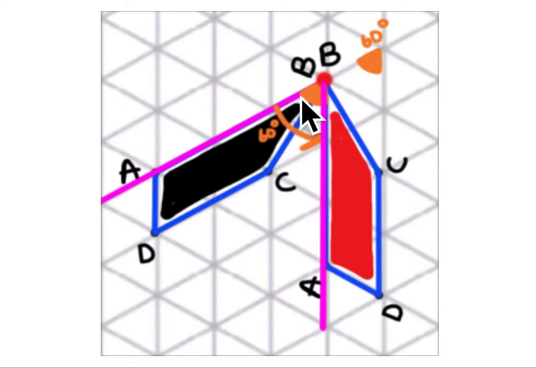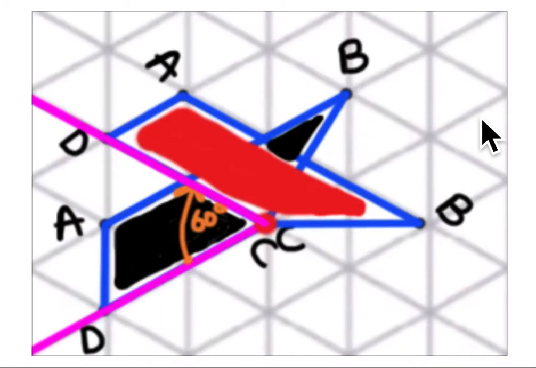And to get to D, it's the 1, 2, 3 units that we did to get to A, and then 1 unit in the direction of rotation. So 3 units out, 1 unit in the direction of rotation to get to D prime. So that is a 60-degree rotation. That's the counting strategy to check to make sure that you rotated it correctly.